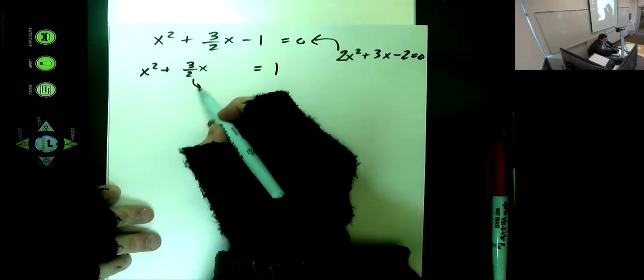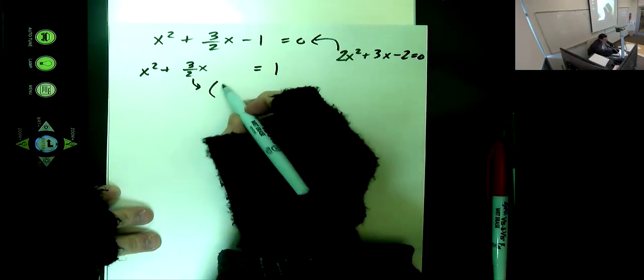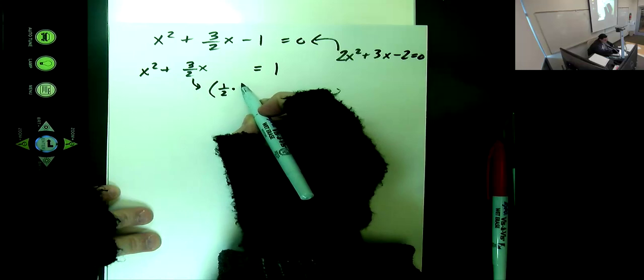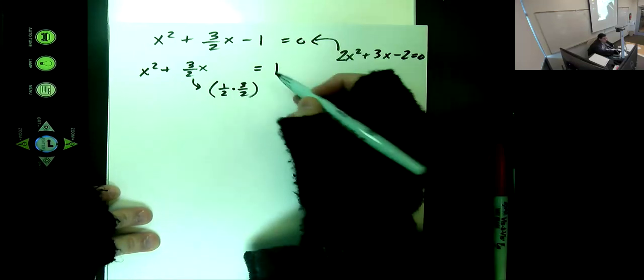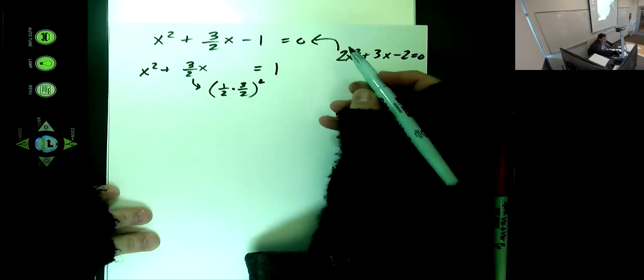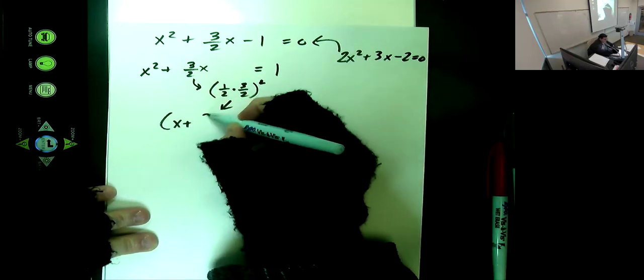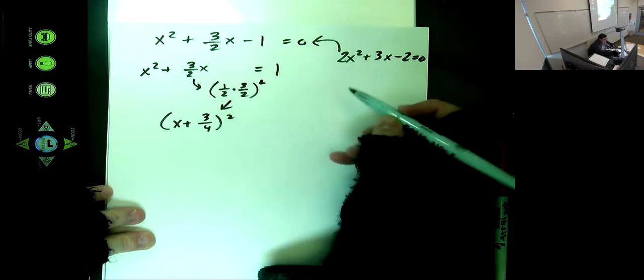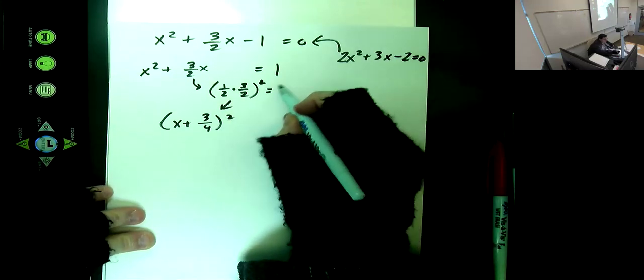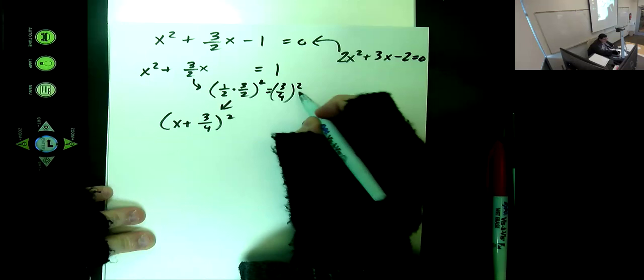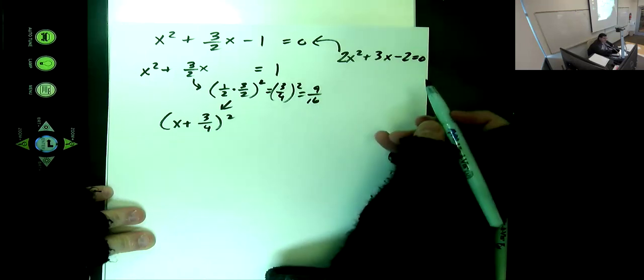Most people usually just put divided by 2, but remember, this is 1/2 times b, or 1/2 times 3 over 2. And that is 3/4. So 3/4 squared is 9/16.